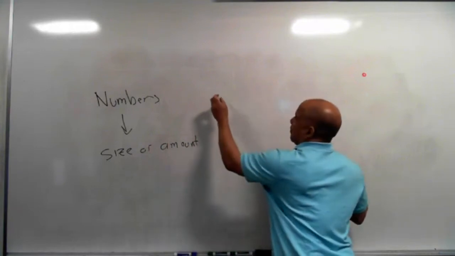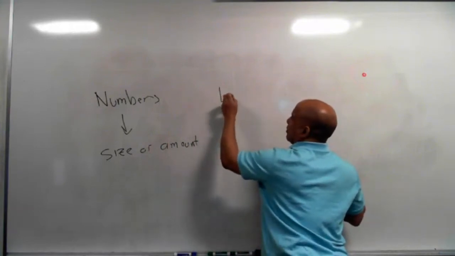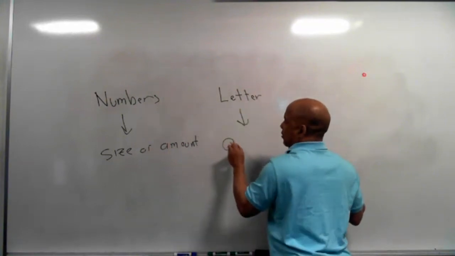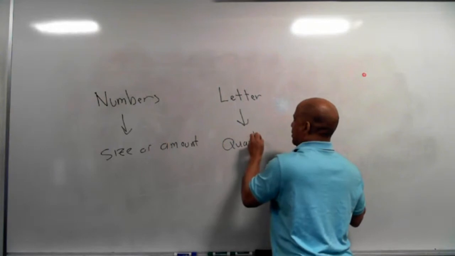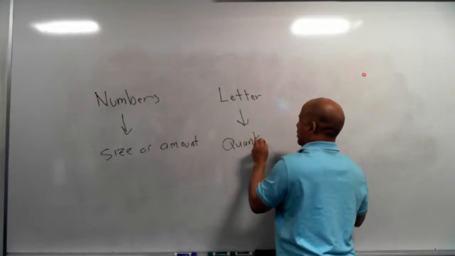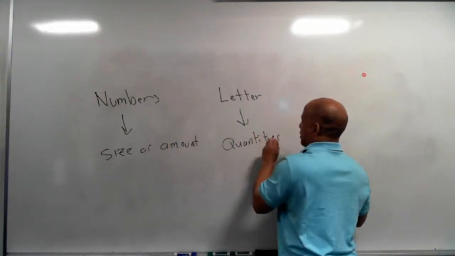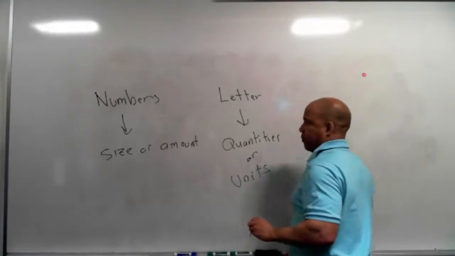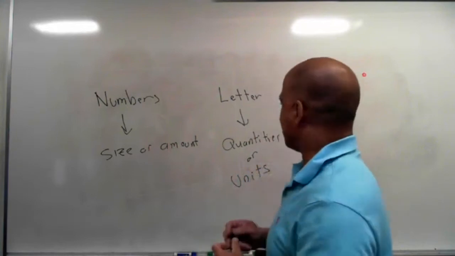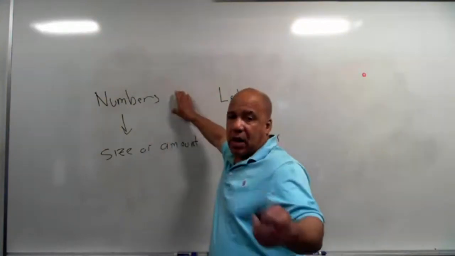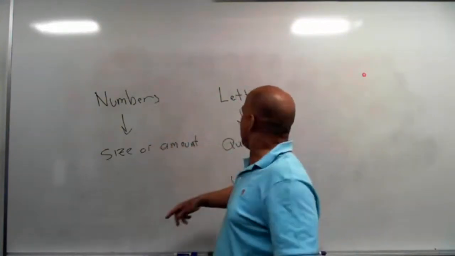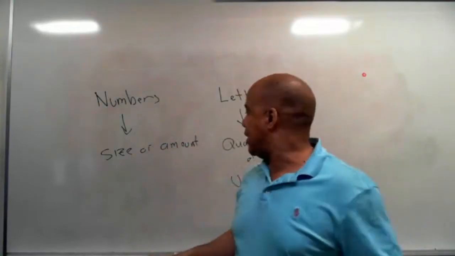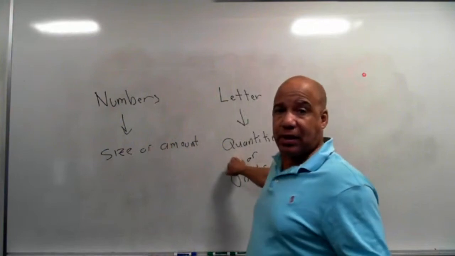And then we use letters to represent quantities or units. Okay, so I want to make sure you understand what I mean here. Of course, we use numbers to represent the amount of something, but a letter can represent a unit, or it can represent a quantity.